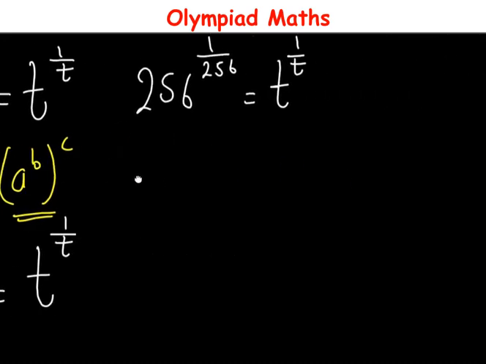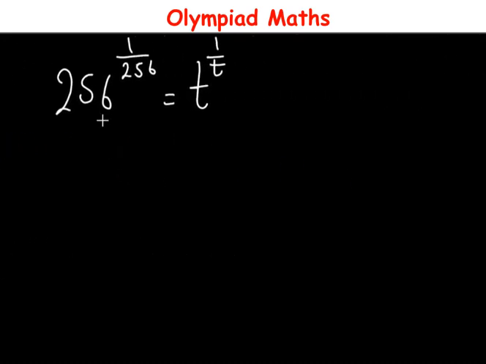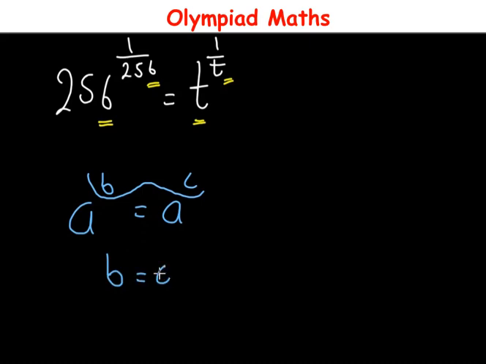So looking at this, we have achieved our goal. The base right here is equal to the power denominator. Same thing also on the right hand side. The base right here is also equal to the power denominator. So we can then apply this rule that if you have a raised to power b, which equals a raised to power c, we can compare the exponents since the bases are equal, such that b is equal to c.